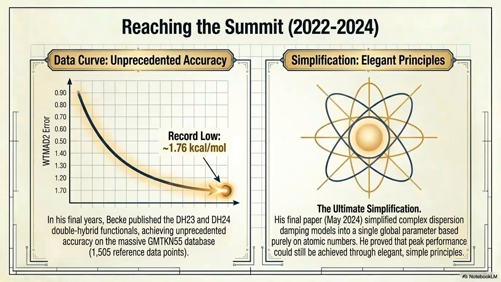But the story doesn't end with mere numbers. In his final paper of May 2024, Becke performed an act of ultimate simplification. He collapsed complex dispersion damping models into a single, elegant parameter based purely on atomic numbers. It's a fitting finale for a man who spent decades navigating complexity, only to prove that peak performance is best reached through the beauty of simple principles.